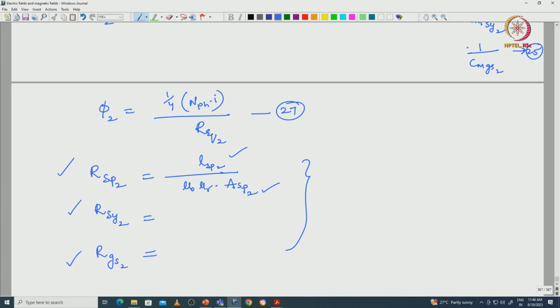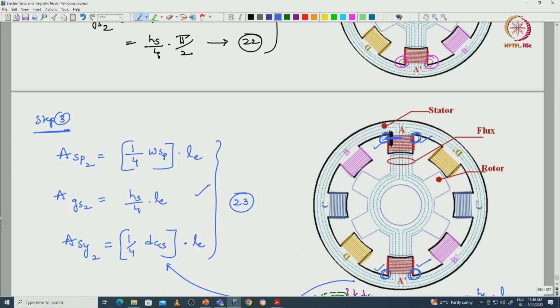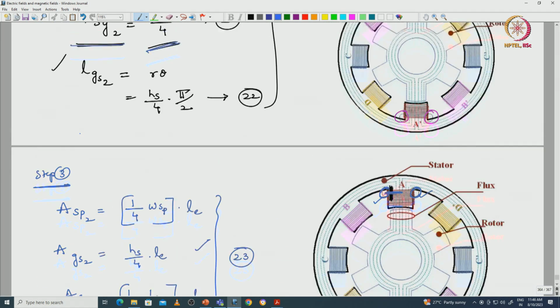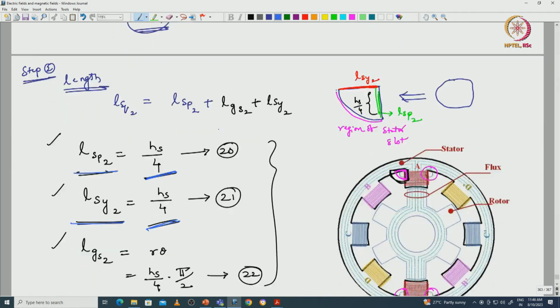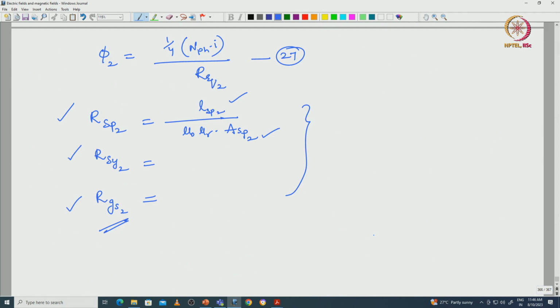Already the length with respect to the stator yoke and the cross sectional area of the stator yoke also we have calculated. Same way the reluctance with respect to the gap region we can calculate based upon the cross sectional areas in step 3 and lengths in step 2. So, this is equation number 28.